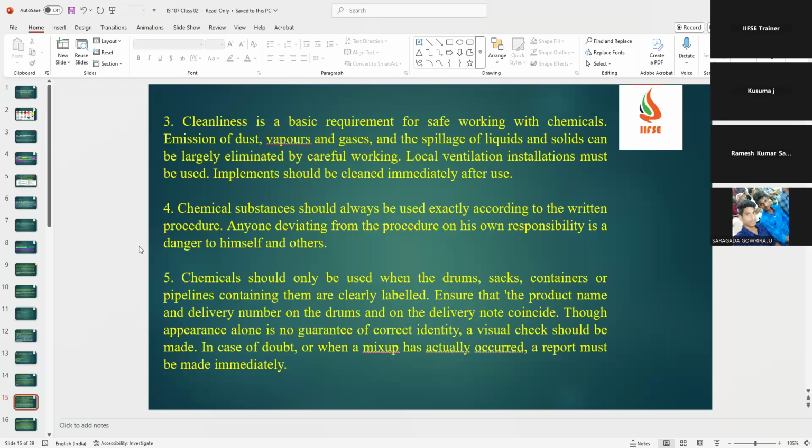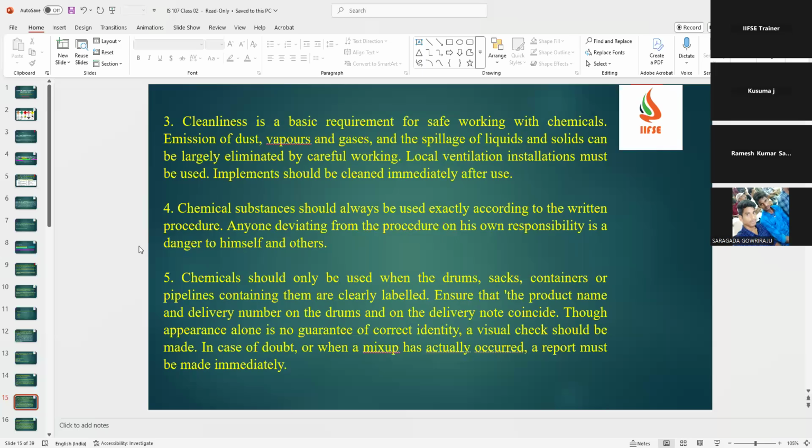Then chemicals should only be used when the drums, sacks, containers or pipelines containing them are clearly labeled. So it is very important. There are cases reported, especially in the construction industry also. The best example is thinner. Thinner we used to get in bottles. It is similar to water.